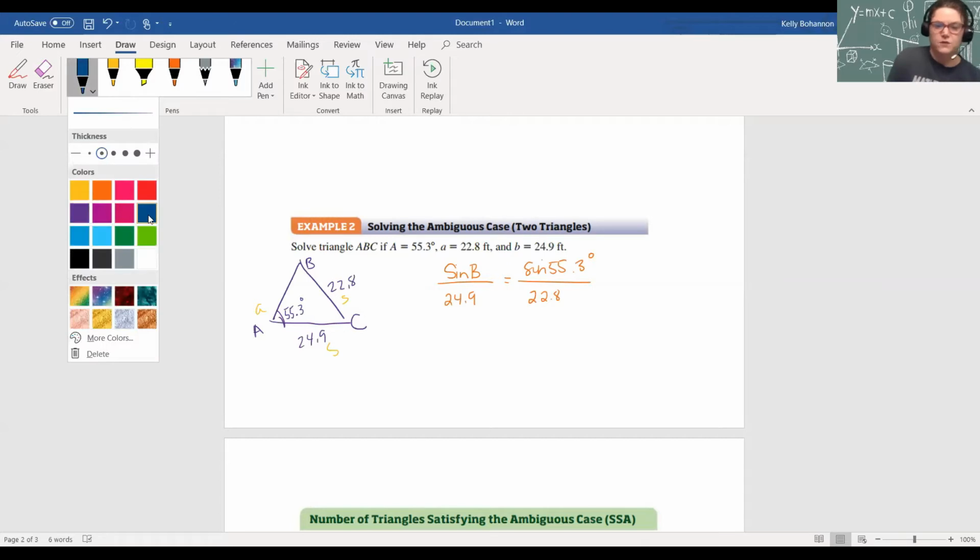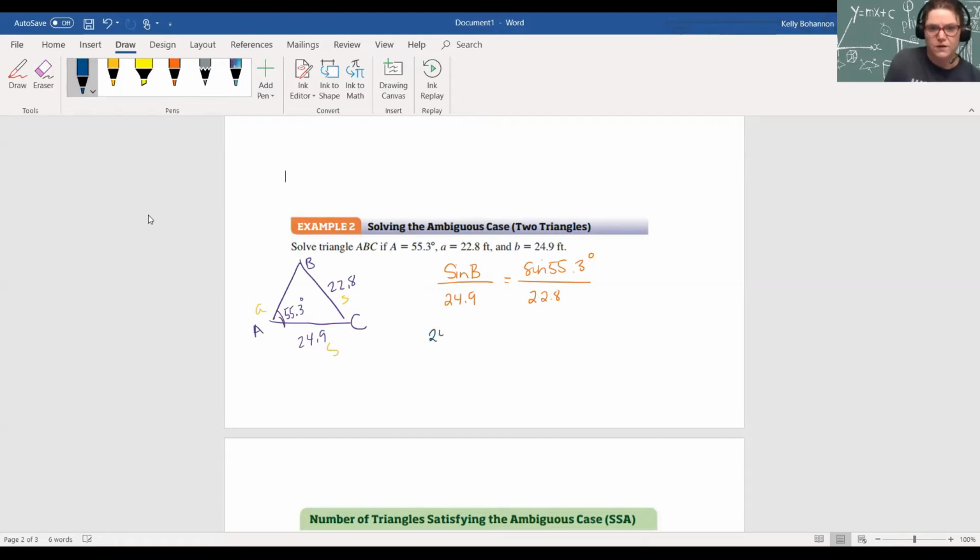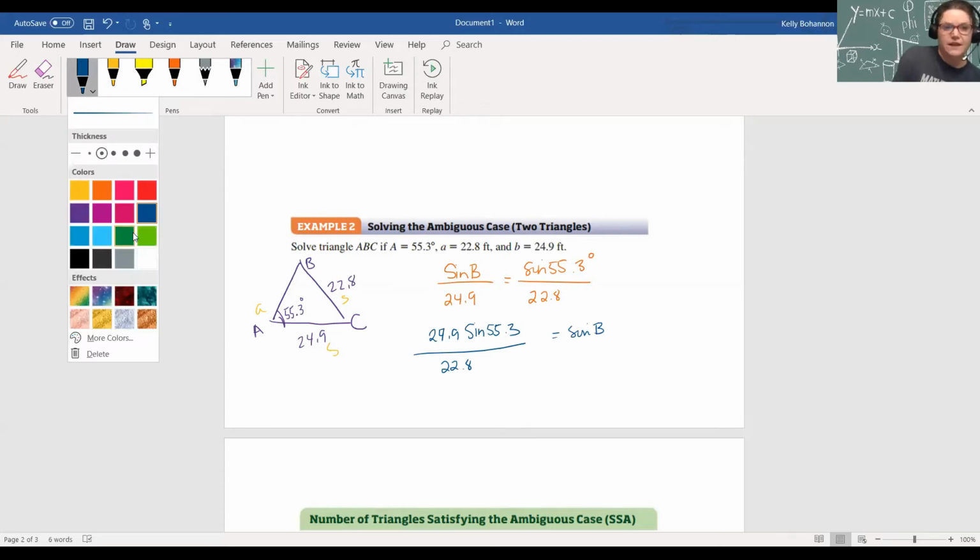I'm sure you guys are quick enough now that you are getting used to doing the algebra, so I'm just going to do it all in one step. Now, let's see if this value comes out to be greater than 1, then we know it's not going to work.